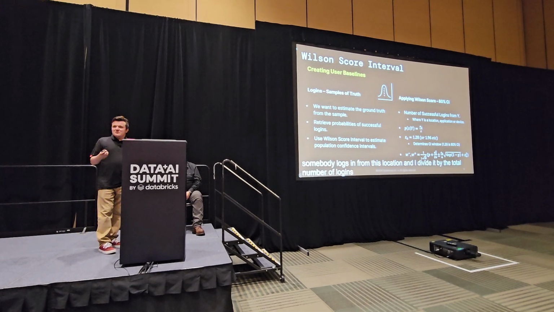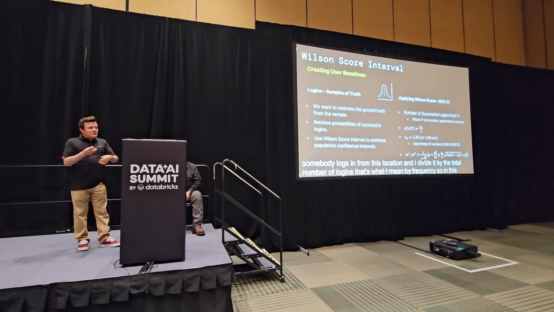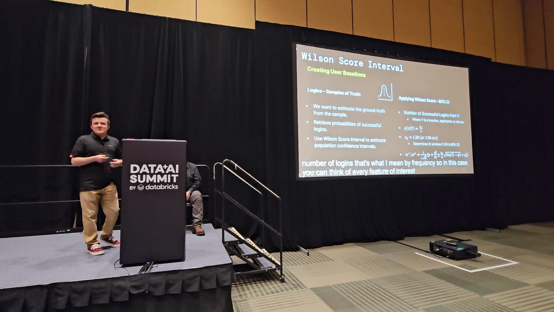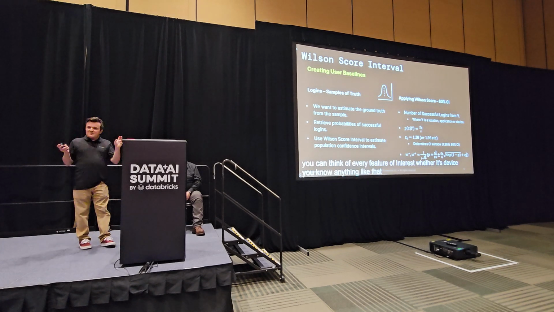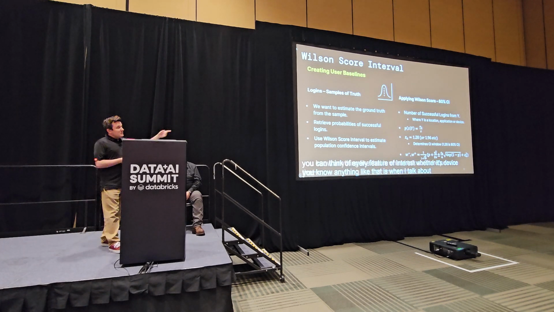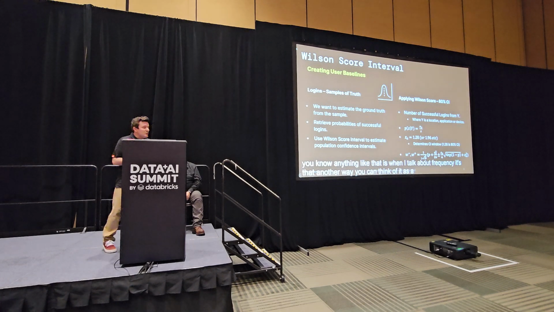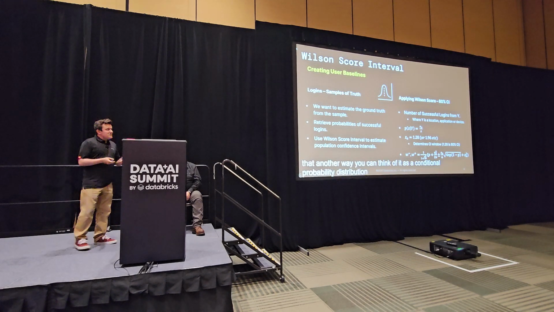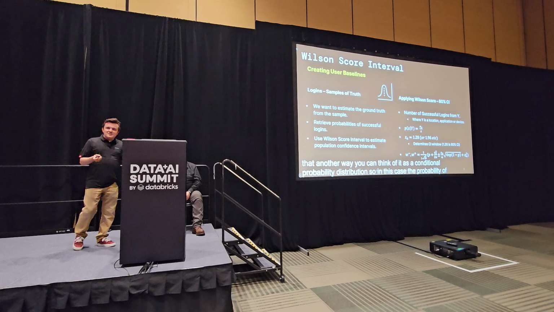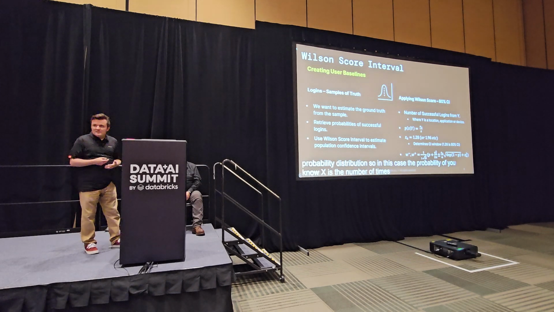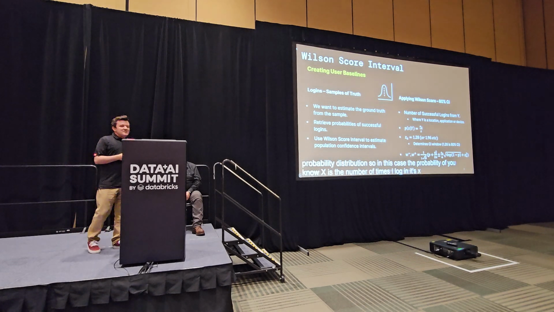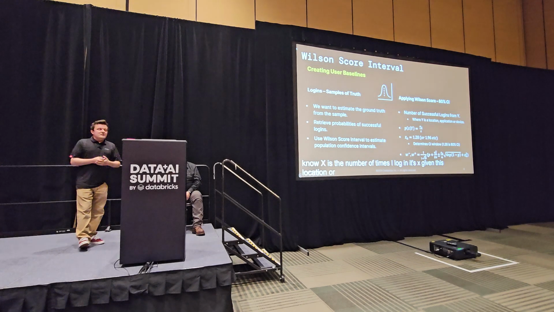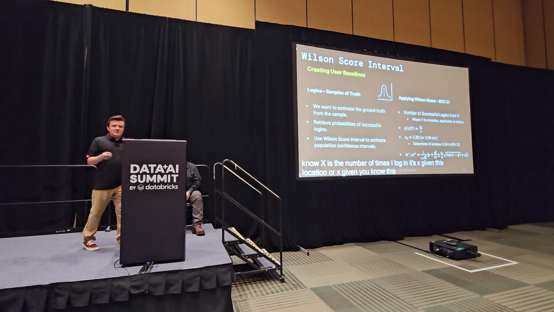That's what I mean by frequency. So you can think of every feature of interest, whether it's device or anything like that, that way when I talk about frequency. Another way you can think of it is as a conditional probability distribution: the probability of X, the number of times I log in, given this location, or X given this application, or IP.